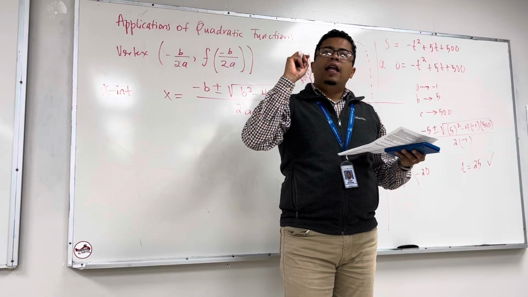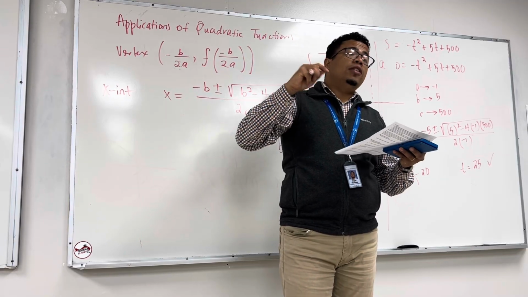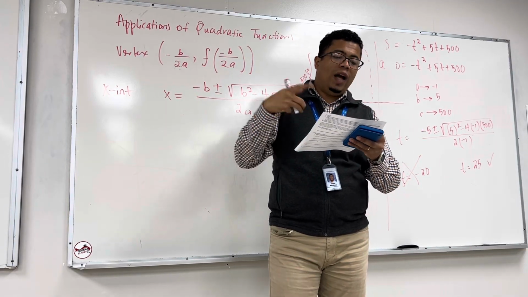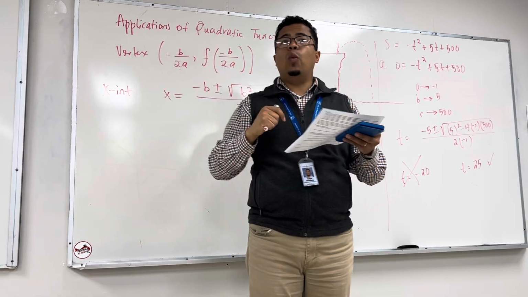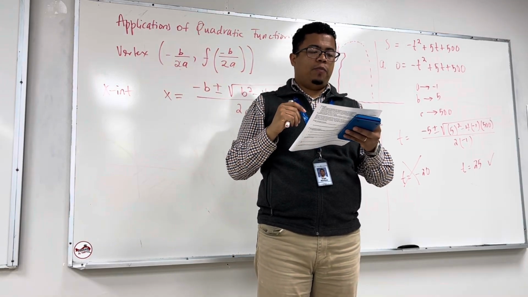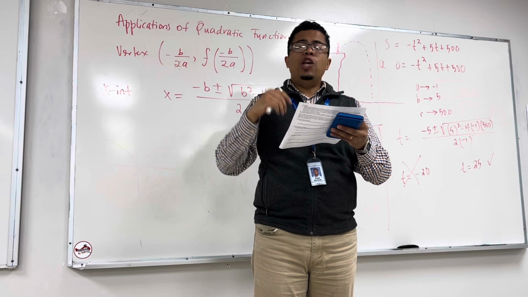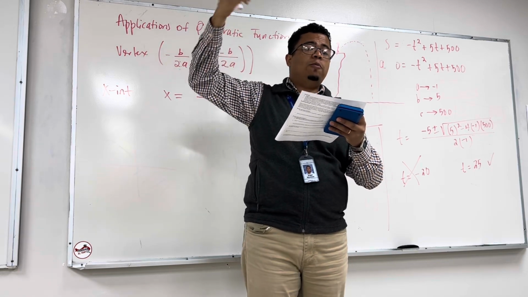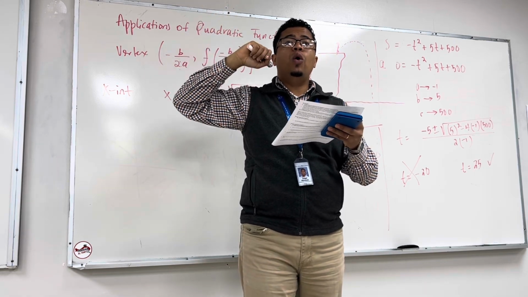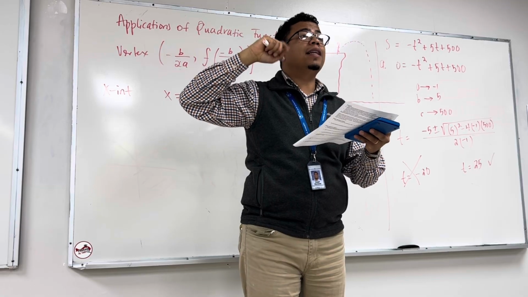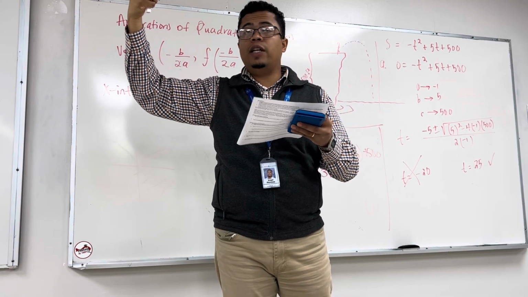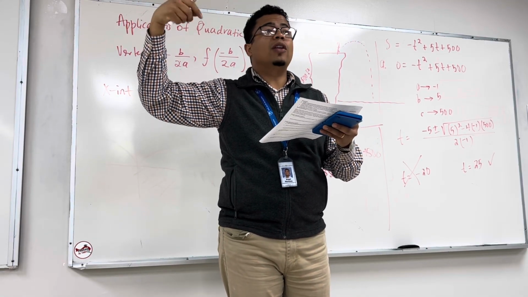Okay, good. Now that we have to answer C for this problem, it says, what's the highest point the pebble will go? Now let's think. In order to determine the highest point the pebble will go, we will first have to determine the time it takes to reach that maximum height, so the value of x.